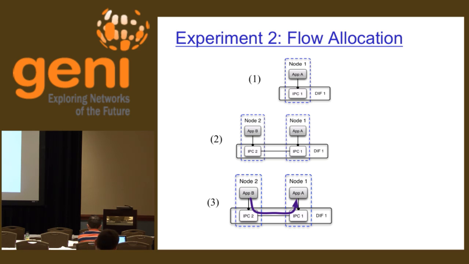If you are asking to allocate a flow to a particular application, I have to tell you which DIF layer this application process is accessible through. If you don't have an underlying DIF layer that you can use to reach the application, then I have to tell you it's accessible to this DIF layer, which means you have to join that DIF layer first. You have an underlying communication process to join that DIF layer, and then my application process can talk to the other application process. So we have more involved things under the hood for allocating flows.